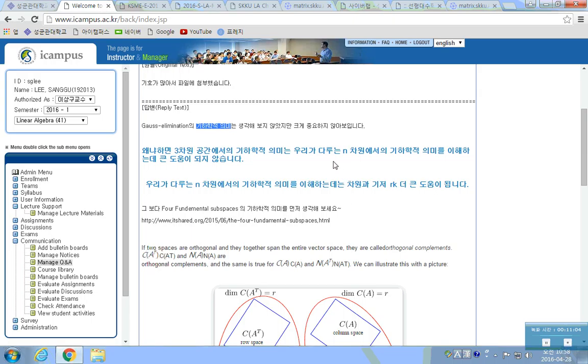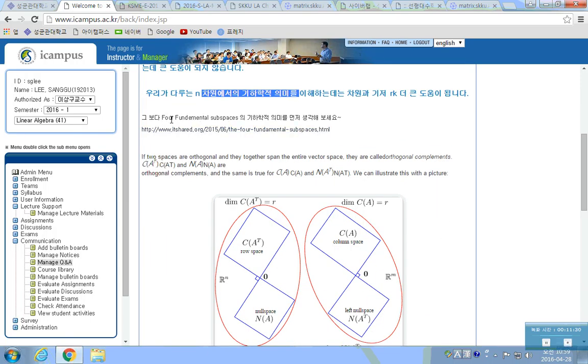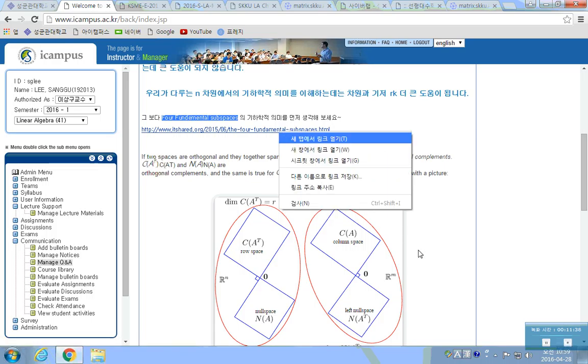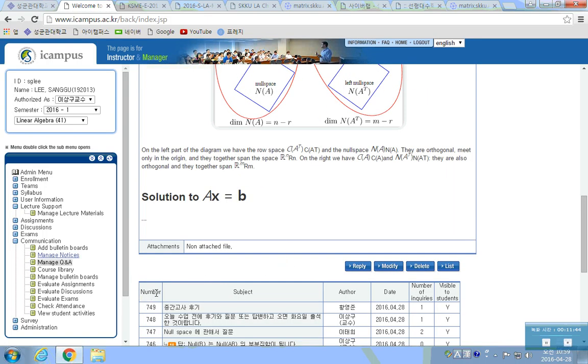So we should find another way to approach it, to have a real meaning of this mathematics. Here, we better use the definition of dimension or length to understand how these n-dimensional vectors work in n-dimensional vector spaces. So I recommend you take a look at the four fundamental subspaces theorems and things like this. This is what we're going to cover in chapter 7.